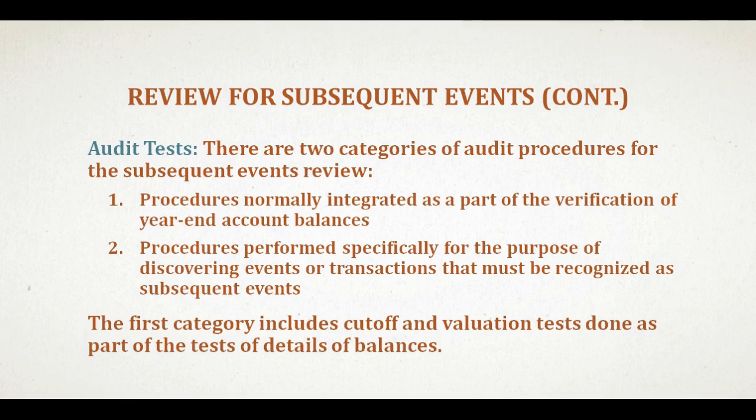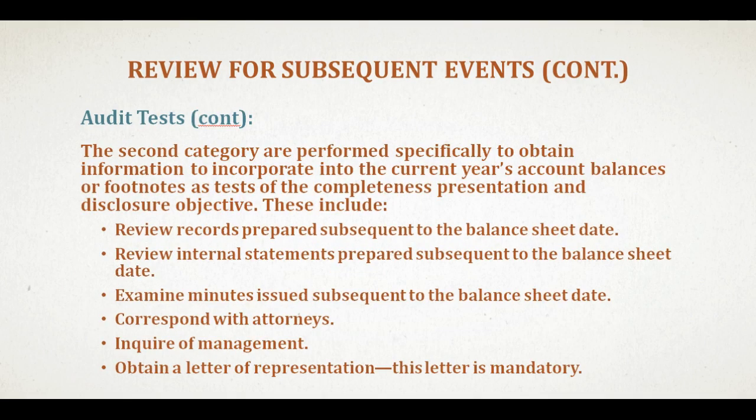The first category usually includes a cutoff and valuation test done as part of the test of details of balances. The second category is performed specifically to obtain information to incorporate into the current year's account balances or footnotes as a test of the completeness, presentation, and disclosure objective.